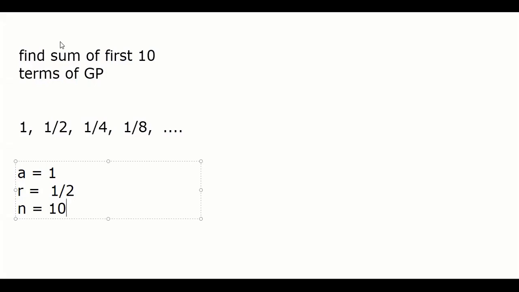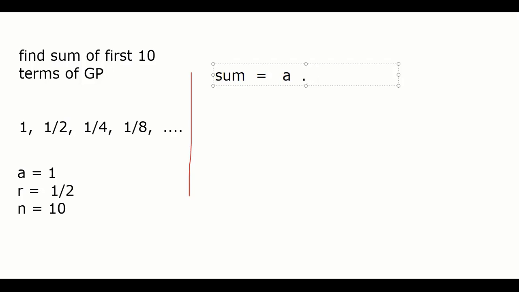कौन सा फॉर्मूला यूज करेंगे सम का? So A into 1 minus R to the N by 1 minus R. क्योंकि R is less than 1 है, तो we are going to use this formula, with R to the power N. We're going to use this formula, right, everybody? करो substitute.